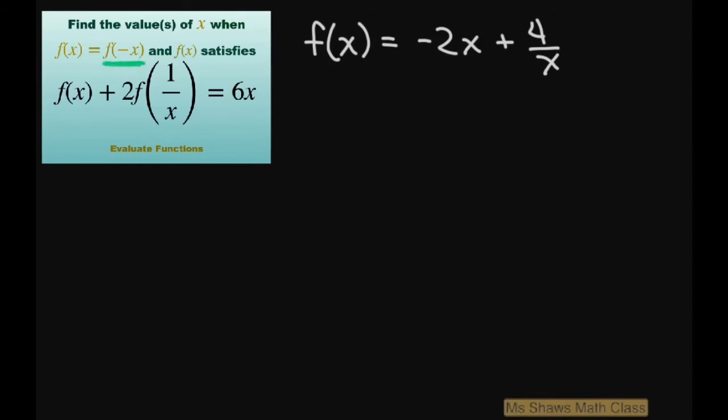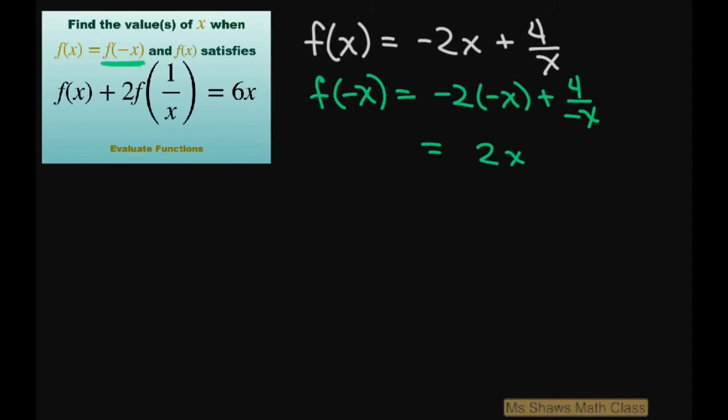It's saying that f of x equals f of negative x. So let's look at f of negative x. When I substitute that in, this is going to give you, let's see, 2x minus 4 divided by x.